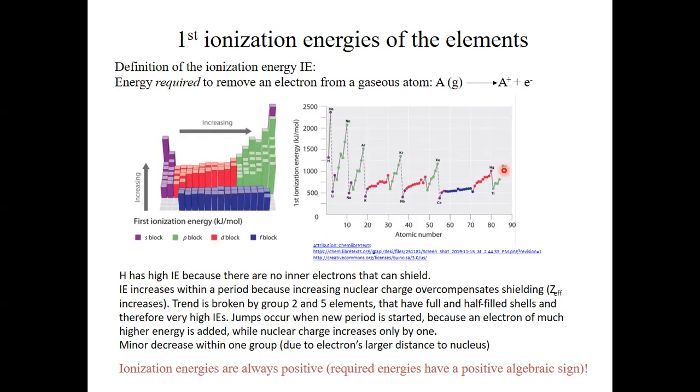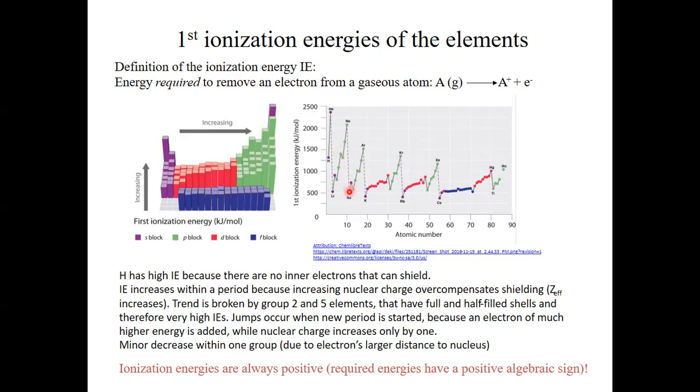When we look at it closer, though, we see that that trend, while it exists, is also sometimes broken. For instance, within the second period, we see that there are two exceptions. Beryllium has a higher ionization energy than boron, and unexpectedly, nitrogen has a higher ionization energy than oxygen.